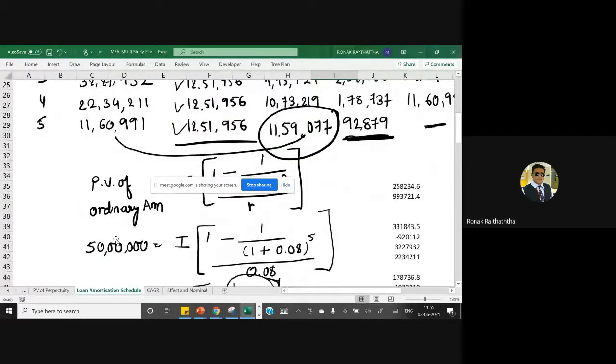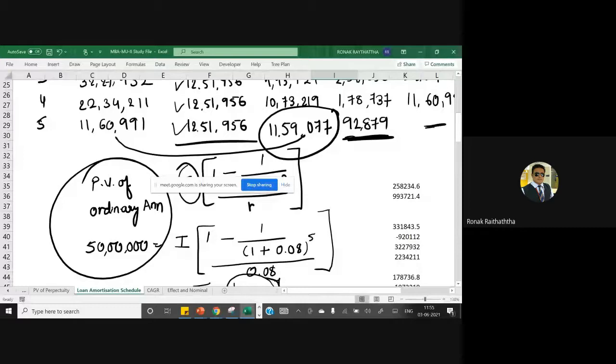And while finding the PV and the installment amount, at that time the rate should be divided by 12, and N should be multiplied by 12. So whatever the compounding frequency is, if it is monthly, then rate should be divided by 12 and number of periods multiplied by 12.